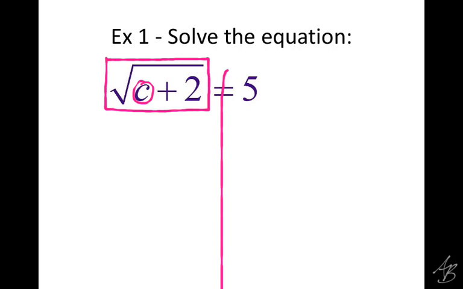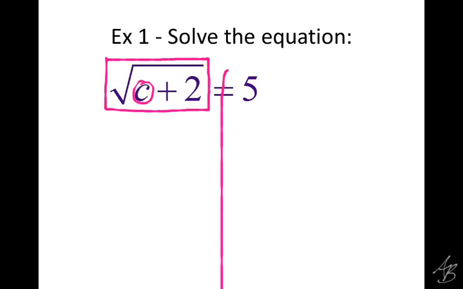Is there anything on the left side of the equation outside of the box? No. So the square root is already by itself. We don't need to get it by itself here because there's nothing else over there. There's stuff inside of the square root, but that's all part of the square root.